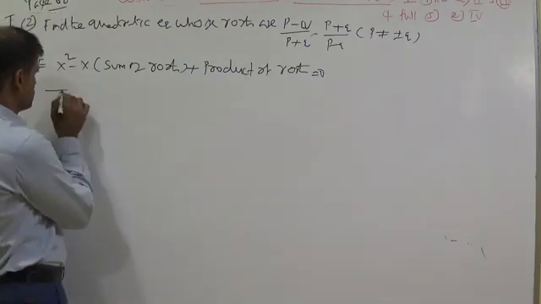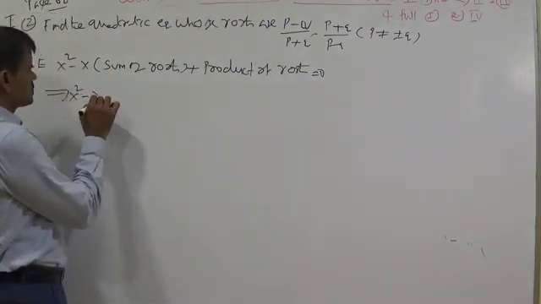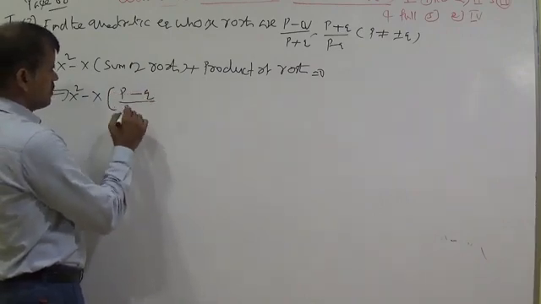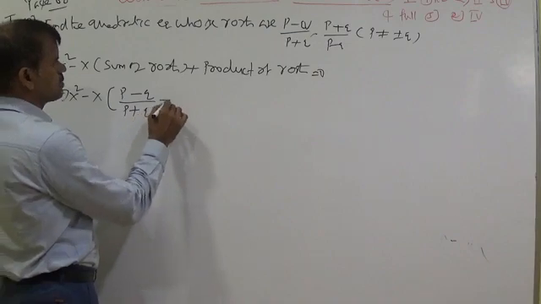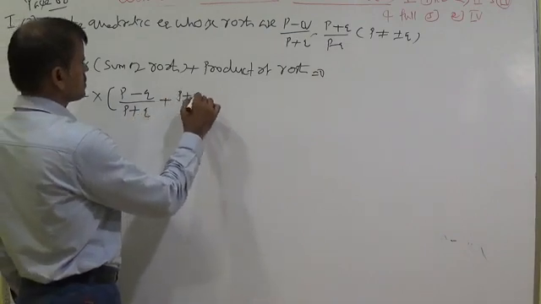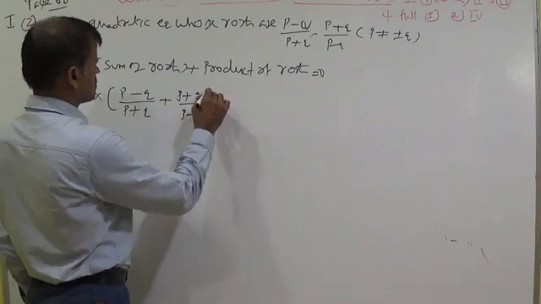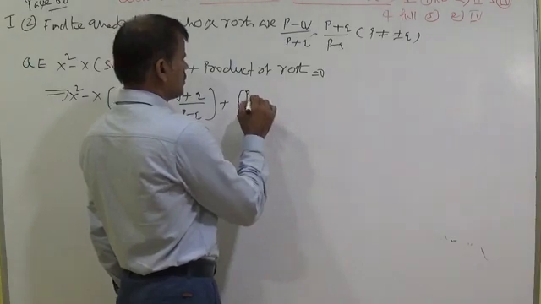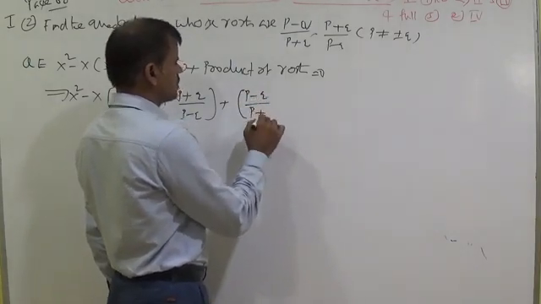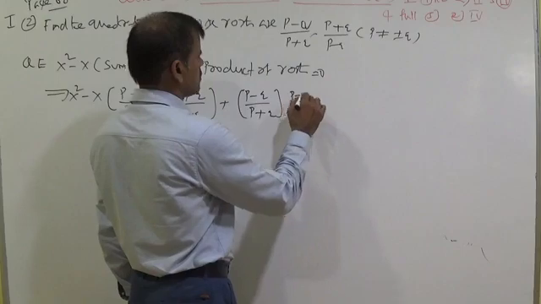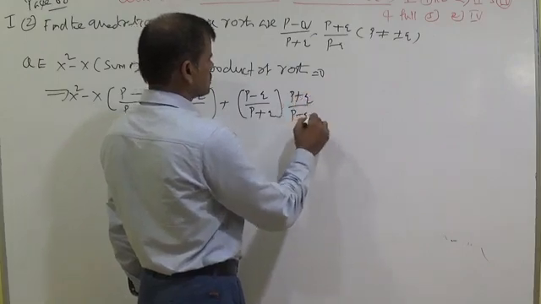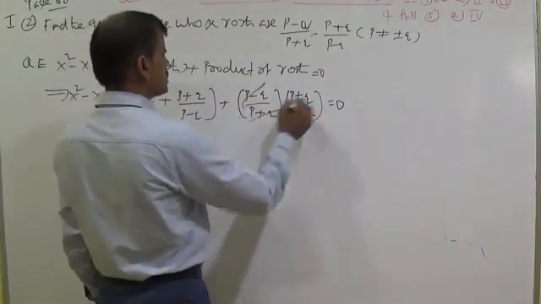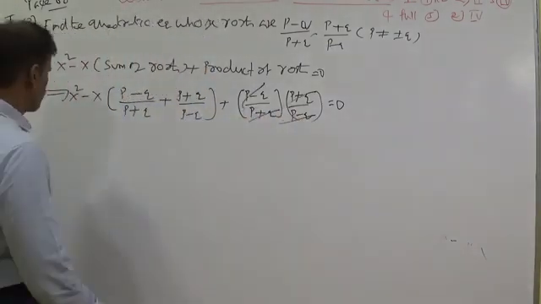That implies x square minus x into, p minus q by p plus q plus p plus q by p minus q, this is the sum of roots concept, plus the product of roots concept, p minus q by p plus q into p plus q by p minus q equal to 0. P minus q gets cancelled, p plus q gets cancelled, there we got 1.